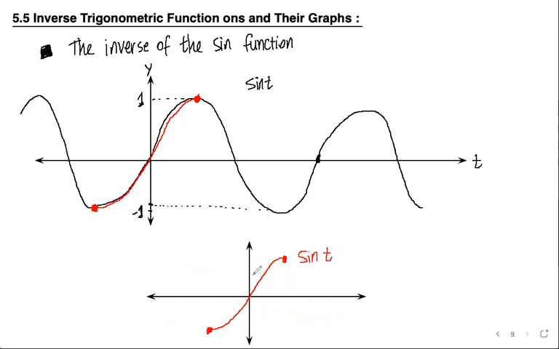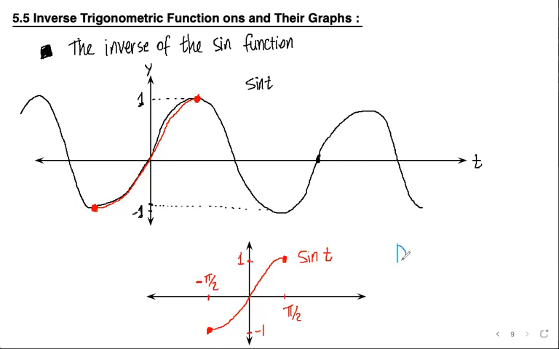To find the inverse, by the way, this point here is negative pi over 2. This is pi over 2. This point here is negative 1, and this point is 1. So here I can set the domain.